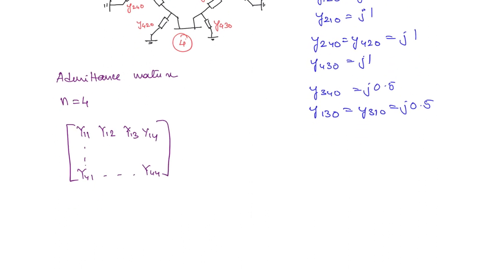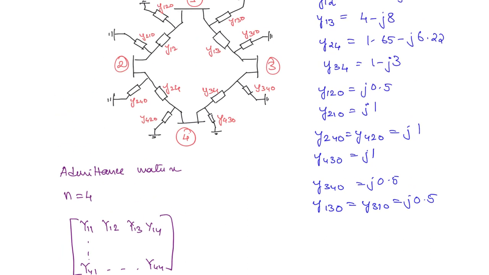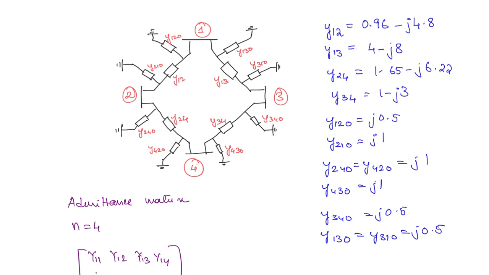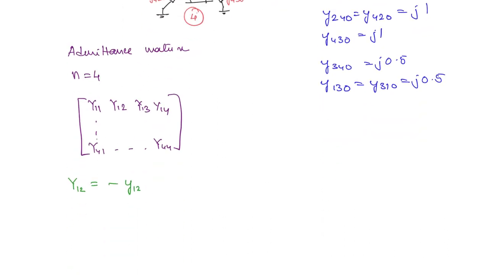j. So first if you see Y12, what will this be? This will be the negative of the admittance of the transmission line between buses 1 and 2. It is already given here as y12 equal to 0.96 minus j4.8.